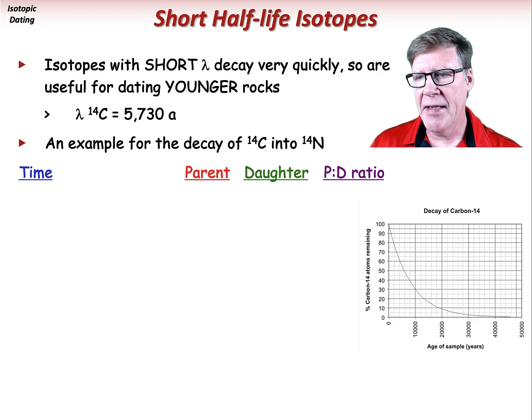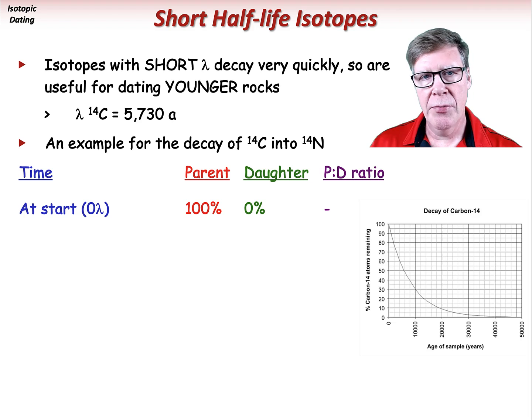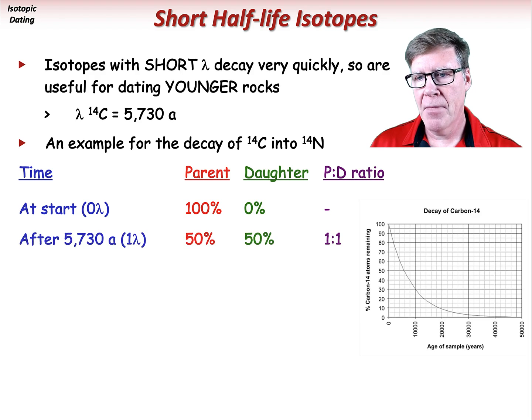At the beginning of the decay process, we have 100% parent, carbon-14, and 0% daughter, the nitrogen-14. As decay progresses, we have more and more carbon-14 transforming into nitrogen-14. After 5,730 years, we're down to 50% parent.